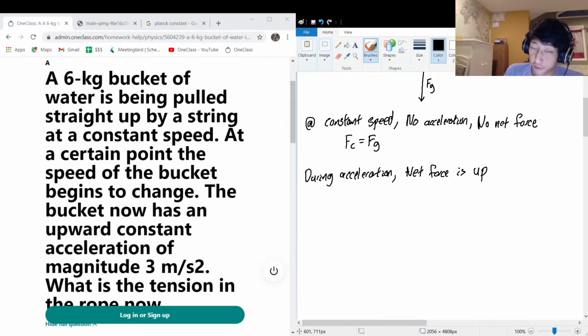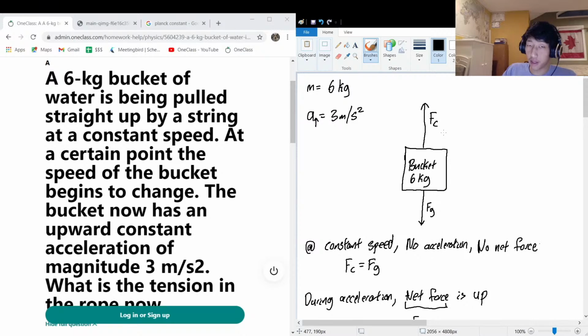And the net force, so let's call that F net. F net divided by mass is equal to the acceleration up. So a up. Okay.